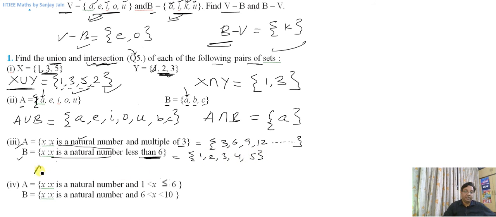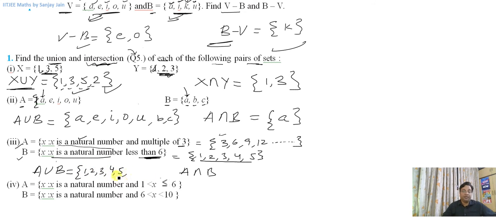Now I need the union of A and B and the intersection of A and B. So the union will consider all the elements that are present in A or B. If you look at B, it has fewer elements, so let me write the elements of B first: 1, 2, 3, 4, 5.